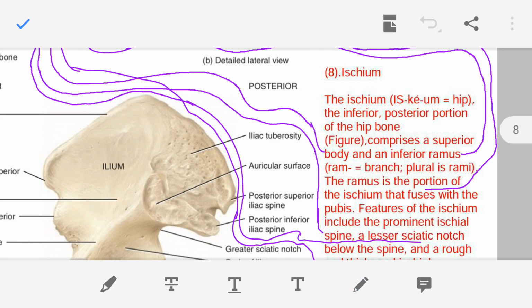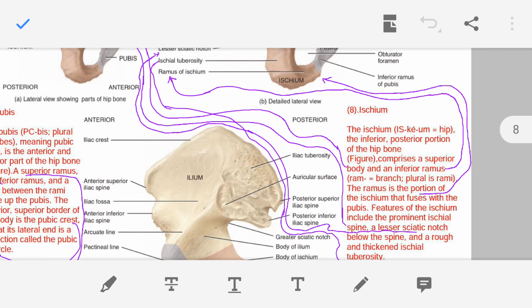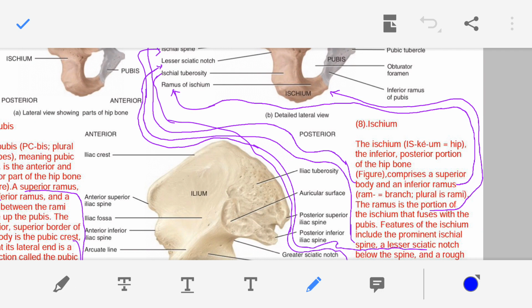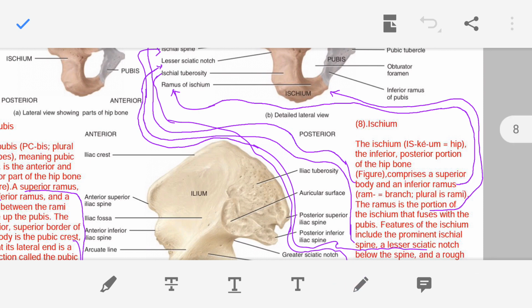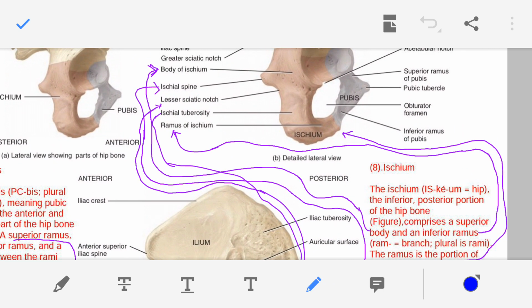Now what is this ischium made up of? It comprises a superior body. So let's find out where the body of the ischium is present. Now you follow this arrow, where this arrow is going, this part, so the body of the ischium.